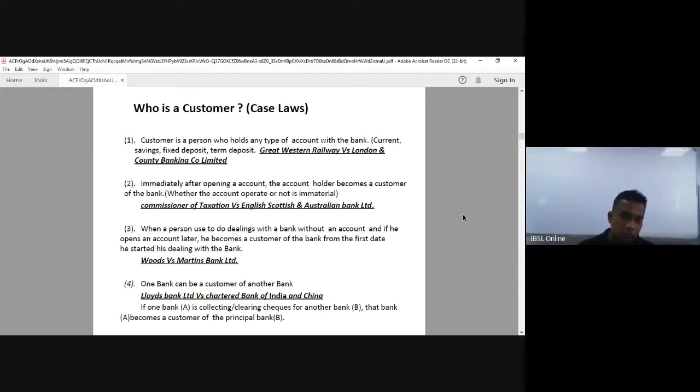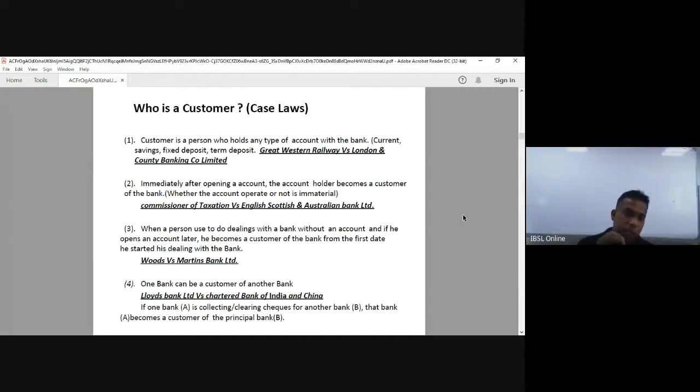So your answer is that if the bank manager has divulged the information to a law enforcement authority, then no wrong has been done by the bank. So therefore, I cannot sue the bank.